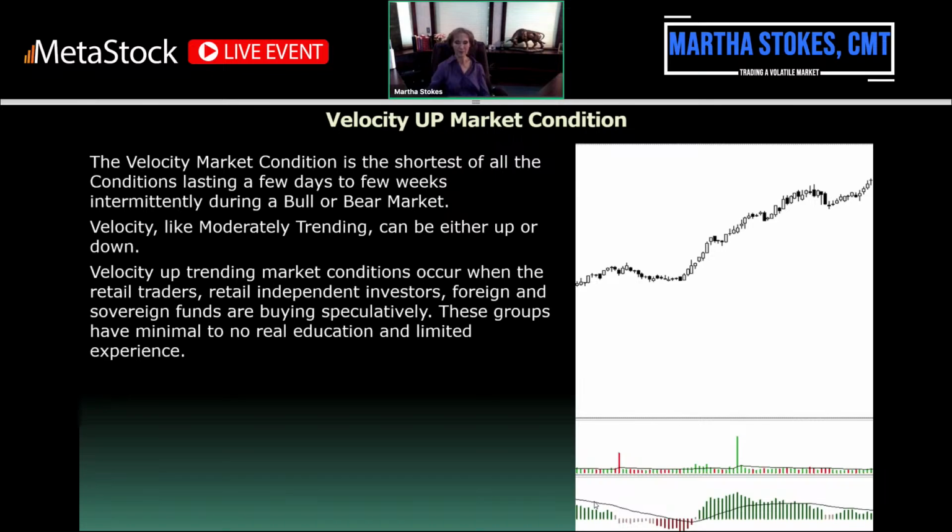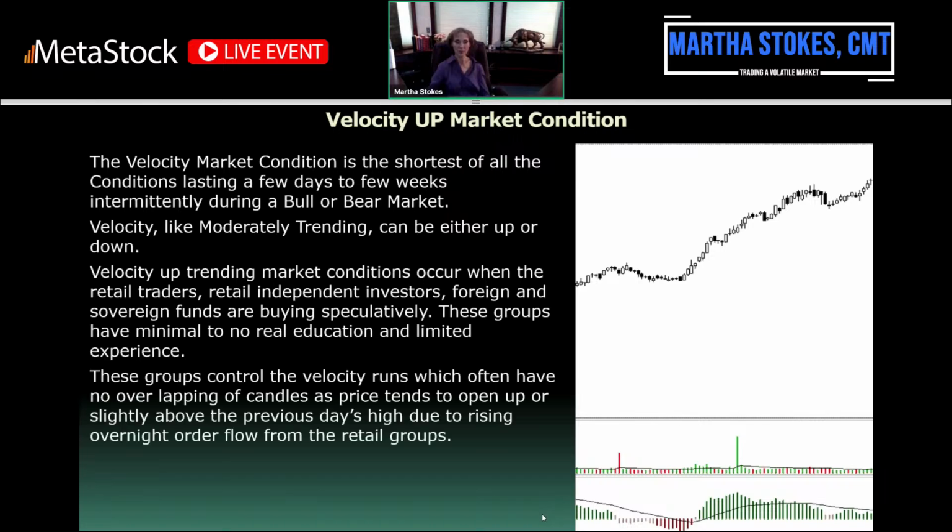It's a very simple format, and it's better to do the swing trading than day trading because you make more money. These groups control the velocity runs, which often have no overlapping candles. I couldn't find any for this particular one, but I can find some later. Price trends to open up or slightly above the previous day's high due to the rising overnight order flow from the retail group.